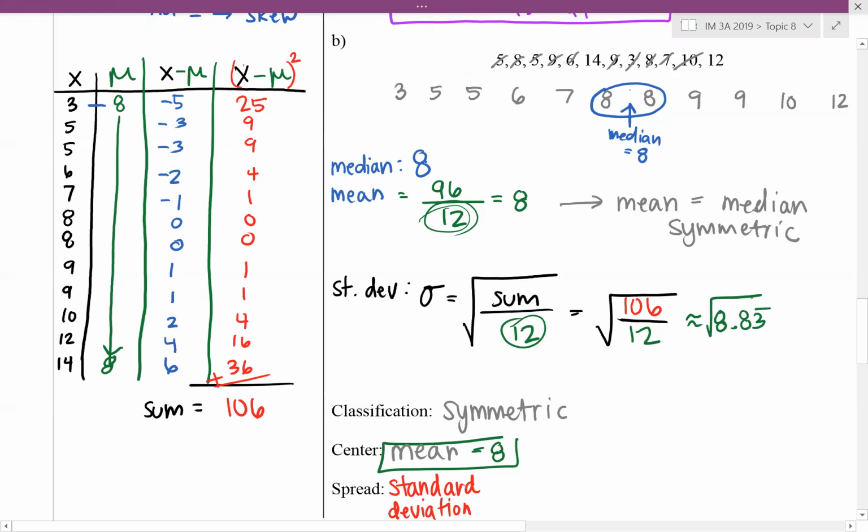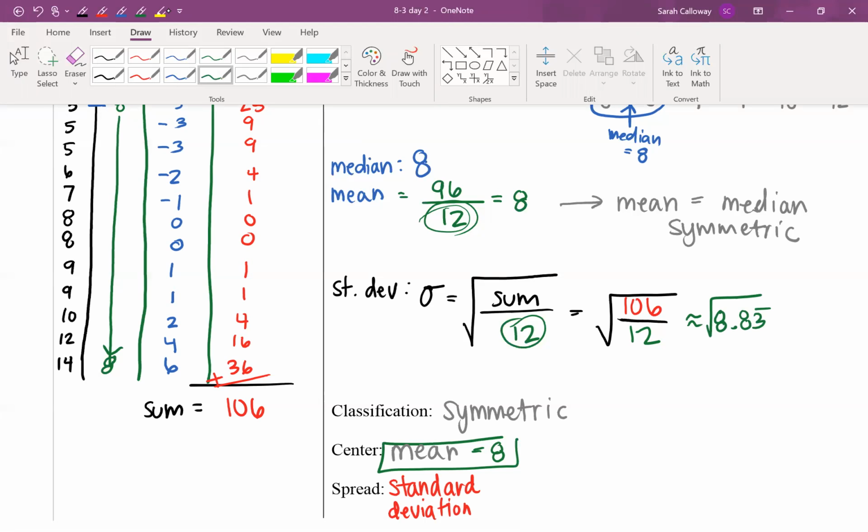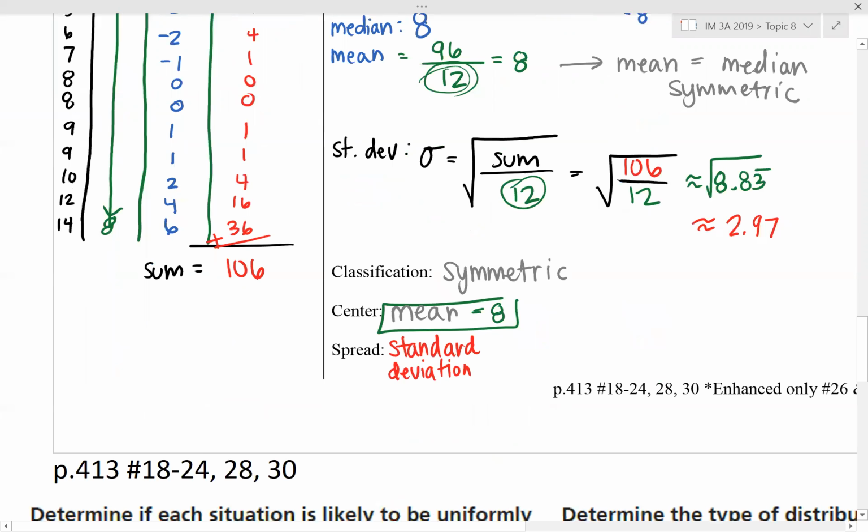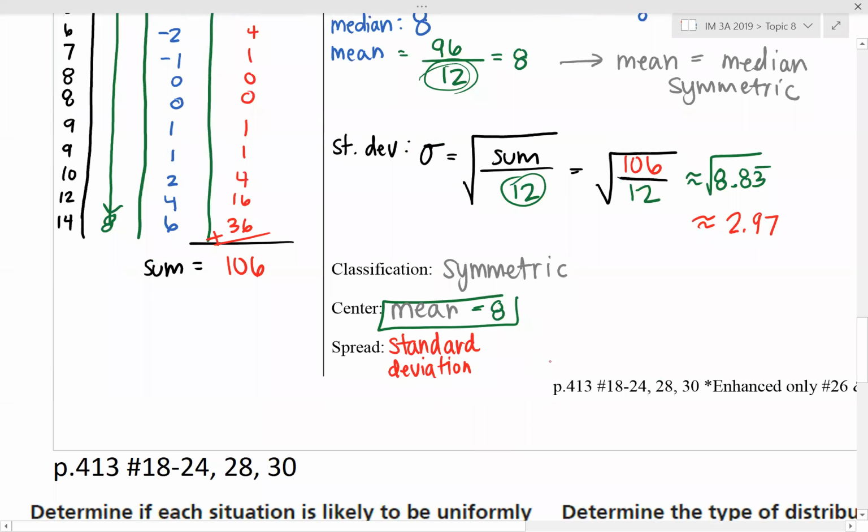And so if I take the square root of that number, that gives us a standard deviation of about 2.97. Okay, so the standard deviation is 2.97 for that data set.